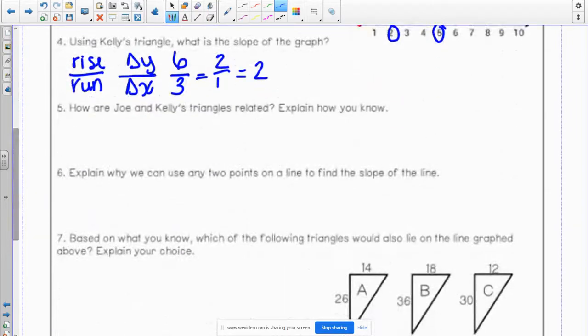A couple questions here. Number 5, how are Joe and Kelly's triangles related? And explain how I know. Well, first of all, I can say their triangles are similar.